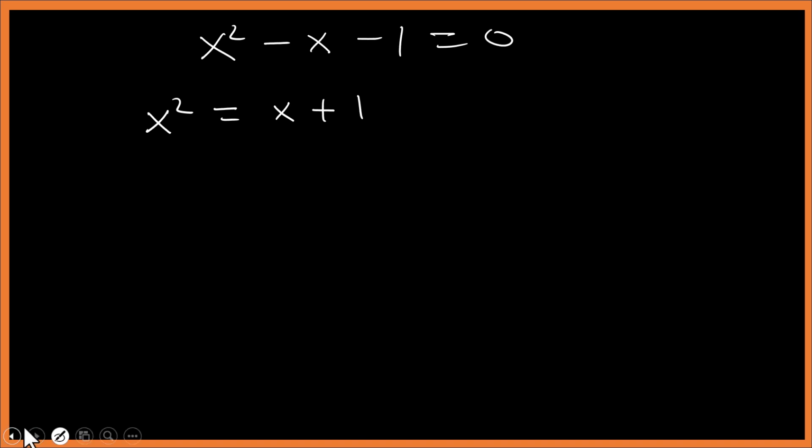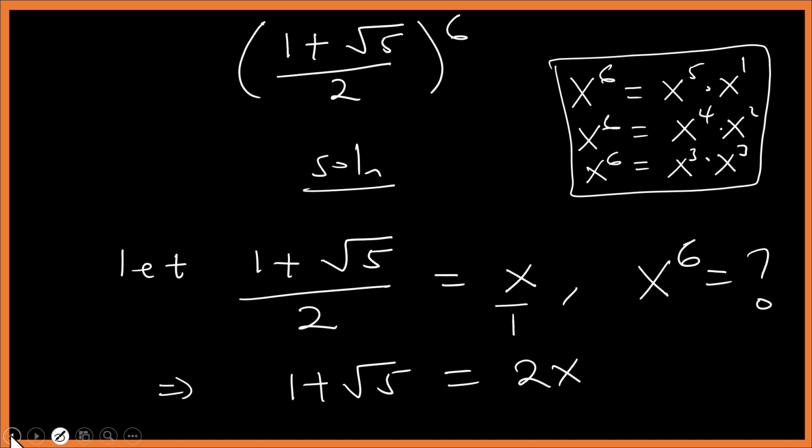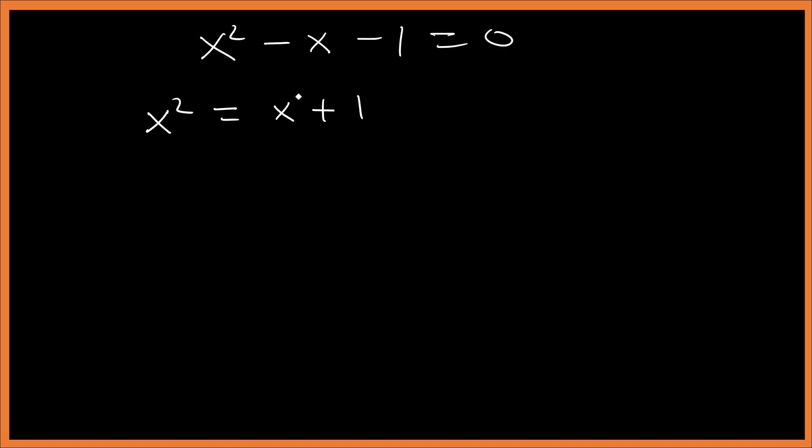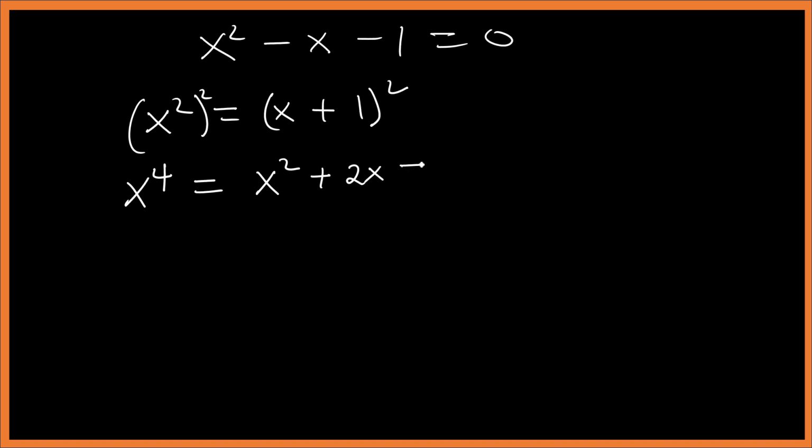Now remember, we are to solve for x to the power 6. And we have x squared. So let's square both sides again, since we are after x to the power 6. So this side will be x to the power 4, equals x squared plus 2x plus 1, since 1 squared is 1.